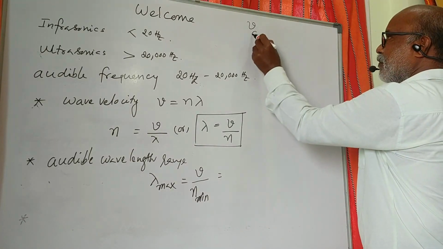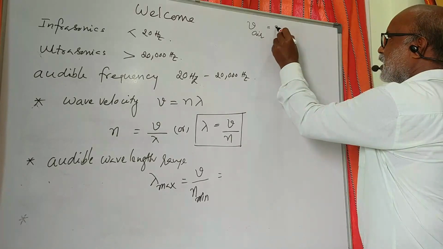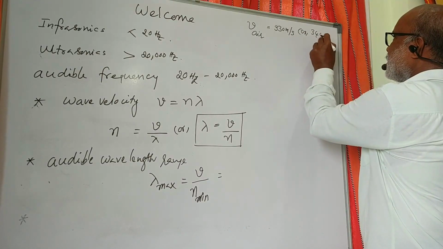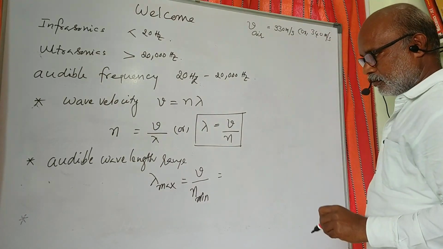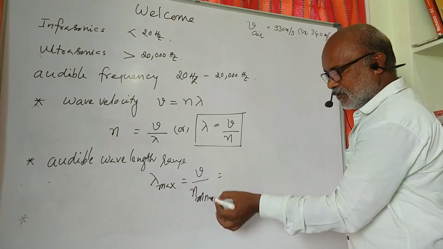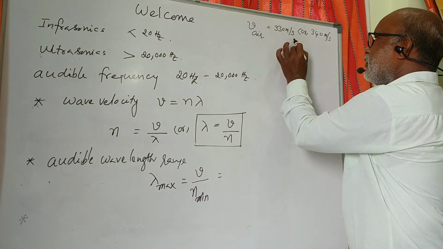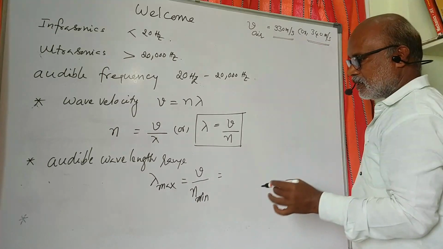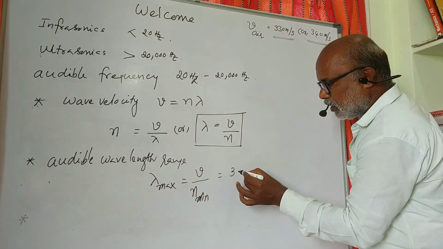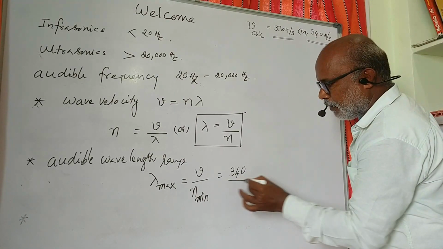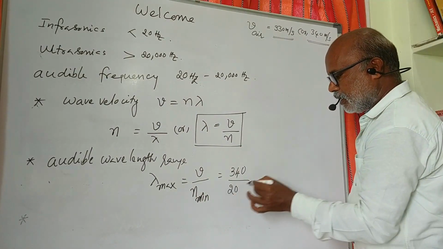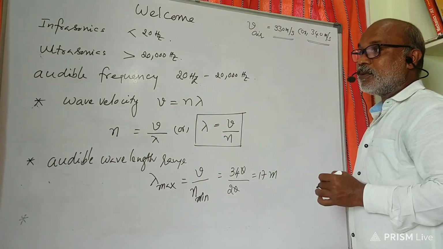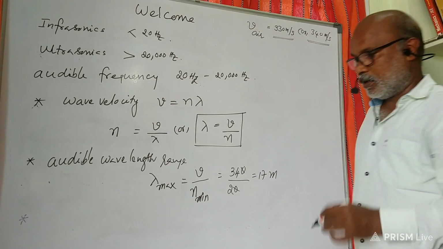Velocity of sound in air medium is nearly about 330 meters per second or 340 meters per second. So λ maximum is V/n minimum. Generally the velocity of sound in air medium at STP conditions is nearly 330 or 340 meters per second. Now if you consider this as 340, divided by the minimum frequency of 20 Hz, you will get about 17 meters as the maximum wavelength of sound that is audible.